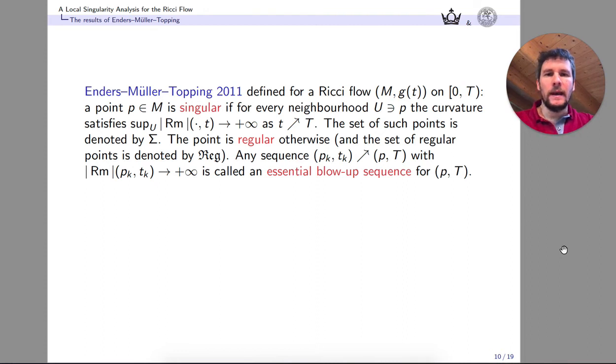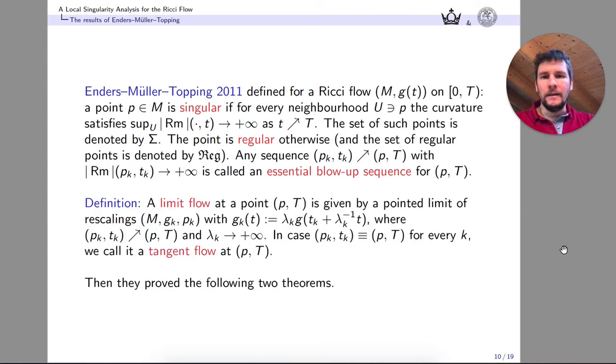Okay, and then we also have another definition. We call a sequence (p_k, t_k), where p_k converges to the point P and the times t_k converge to the singular time capital T, an essential blow-up sequence if the Riemann tensor blows up along this sequence. Then we define limit flows. So limit flows are exactly the limits of these pointed rescalings.